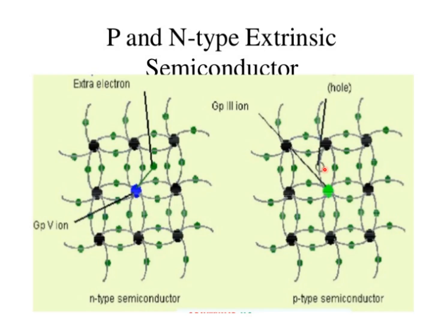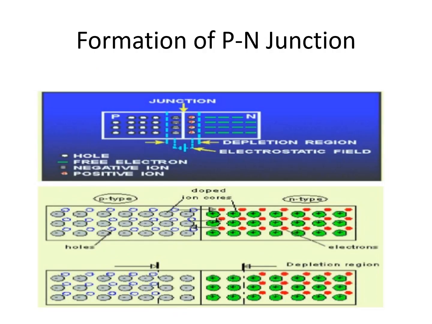Here we need one more electron. That means absence of electron. Absence of negative charge is called positive charge. Absence of electron is called the hole. There is a formation of the hole. So in P-type semiconductor, charge carriers are holes. In N-type semiconductor, charge carriers are electrons. This is about how the P-type and N-type semiconductors form from the pure semiconductors.